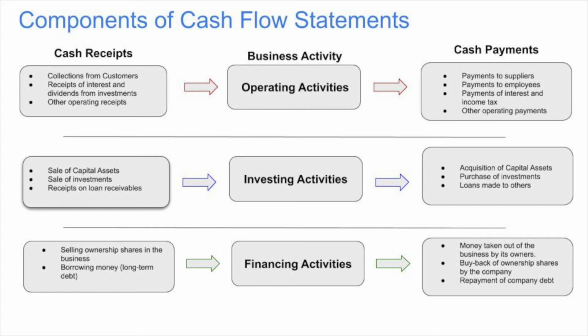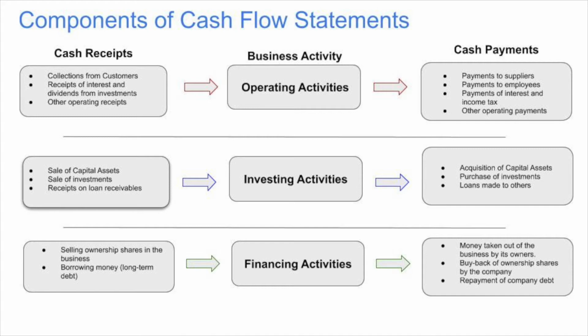Now, you will see in this particular graphic here, the components of cash flow statements, that in the center one, the business activity, I have indicated one of the three categories: operating activities, investing activities, and financing activities. To the left and the right, you can see cash receipts or cash payments. Notice that cash has to be involved. Okay?